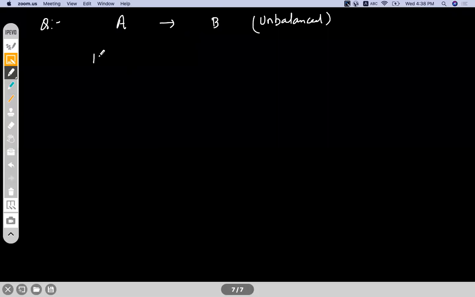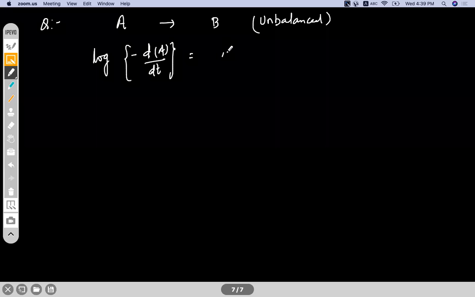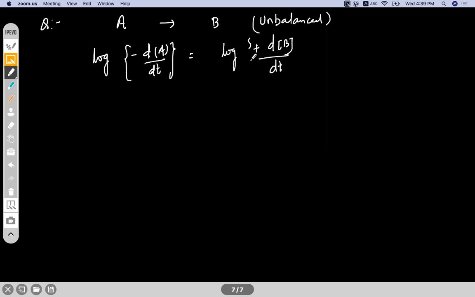The relation given is log of minus d concentration of A by dt is equal to log of plus d concentration of B by dt plus 1. This relation is given in the question. Find out the molar ratio of A and B.